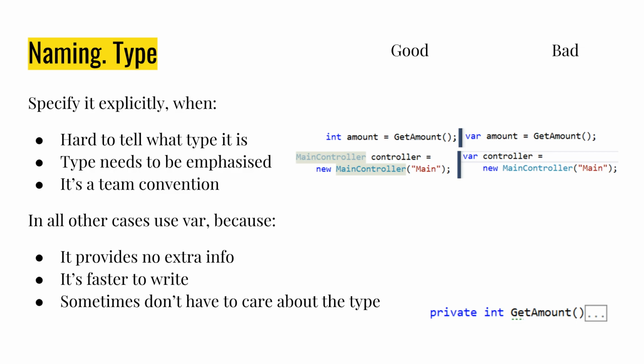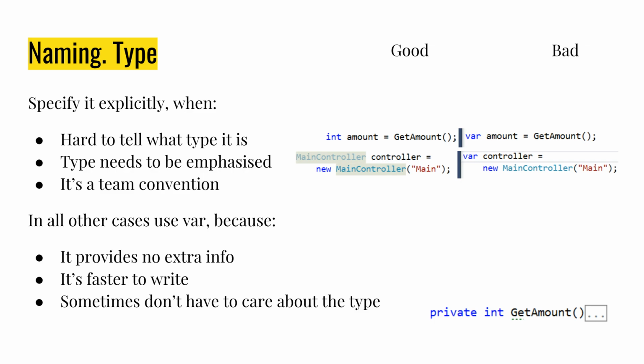So if it's hard to tell what type it is, for example, get amount. Amount can be a float, amount can be an int, and I will have to explore the method in order to know what type it is. In this case, use an int, or rename the variable, name it better. But it's quite hard, and in this case it makes sense to explicitly say that amount is an integer.